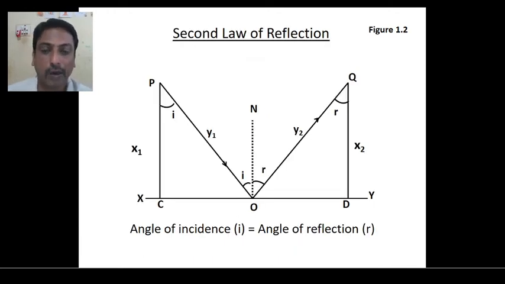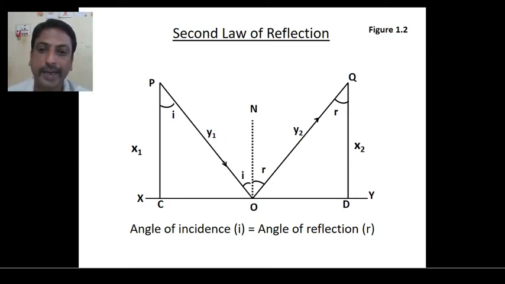Now the second law. The second law of reflection, as we know, says that the angle of incidence is equal to the angle of reflection. Now we have to prove this with the help of figure 1.2. In this figure we have a surface XY which separates medium 1 from medium 2. O is the point of incidence.